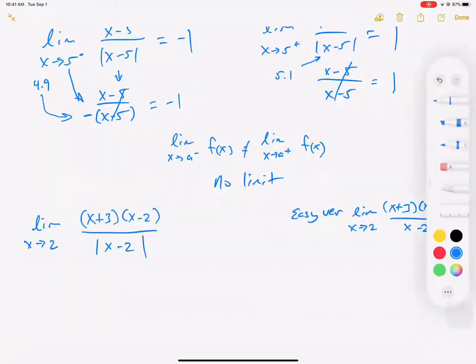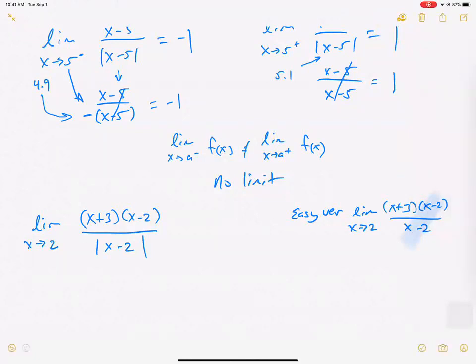We realize that we can divide out our parentheses, and we're left with the limit as x approaches 2 of x plus 3. We plug it in. 2 plus 3 equals 5. Nice. Easy. So I wish there was no absolute value.